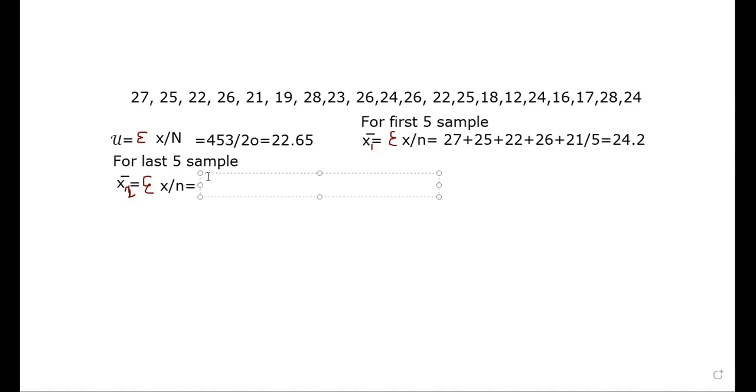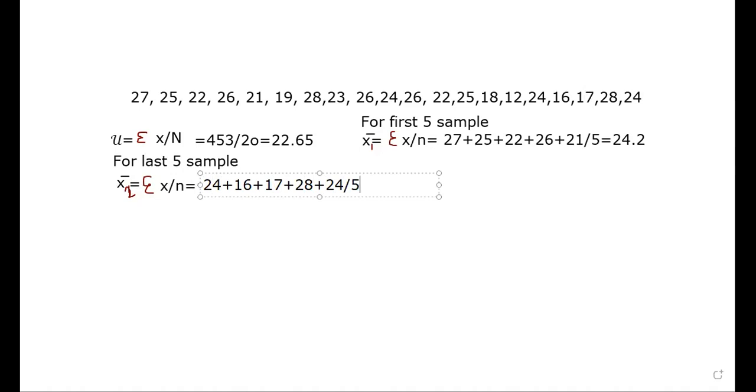That means from 24 we should start. 24 plus 16 plus 17 plus 28 plus 24 by 5.